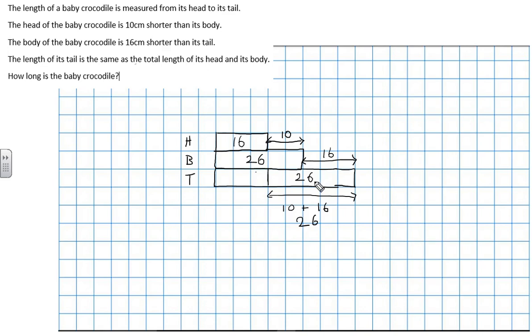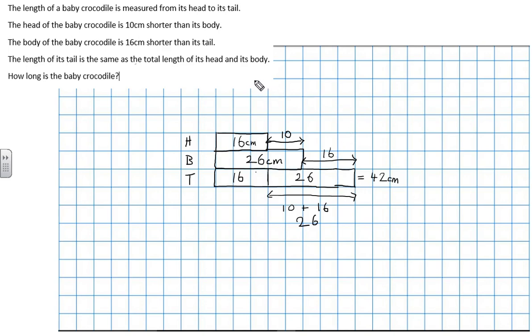Okay, and here the tail must be 26 plus the 16. So this altogether is 42. So we now know that the tail is 42 centimetres, the head is 16 centimetres, the body is 26 centimetres.